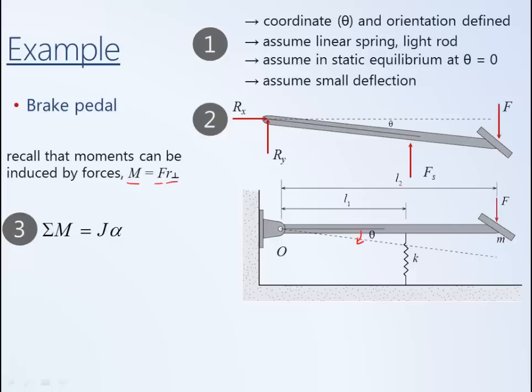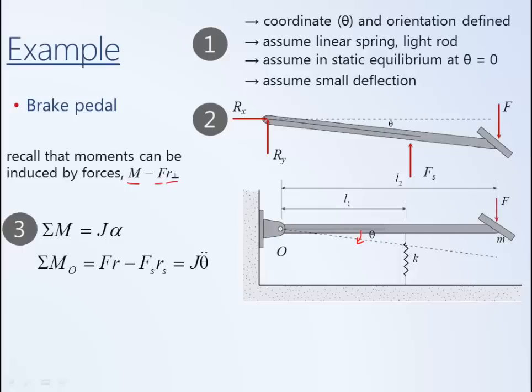And one advantage of doing that is that these reaction forces then have no moment arm. Since they pass through the point O, their moment arm is 0, and hence they don't induce a moment. These other forces, the spring force and the applied force, however, do impart a moment.